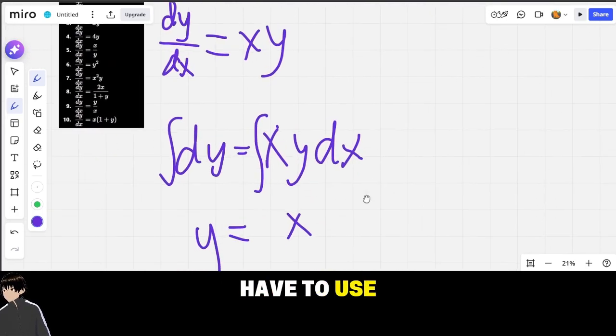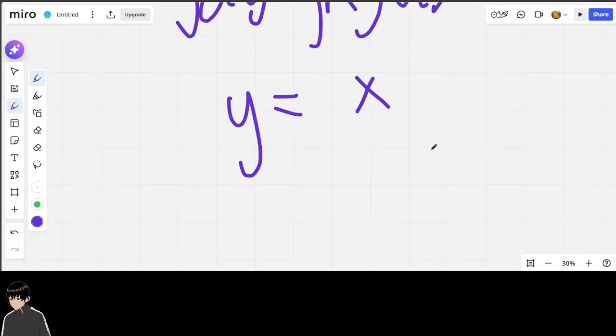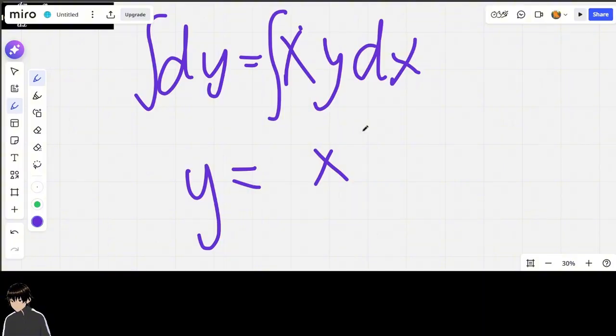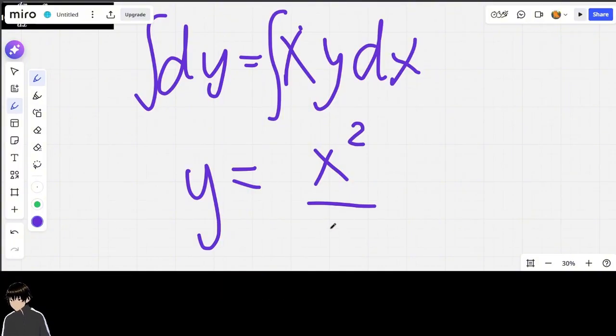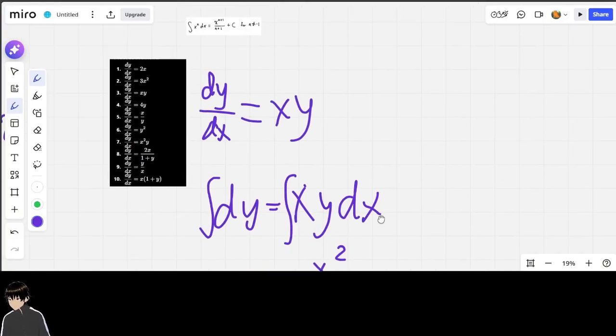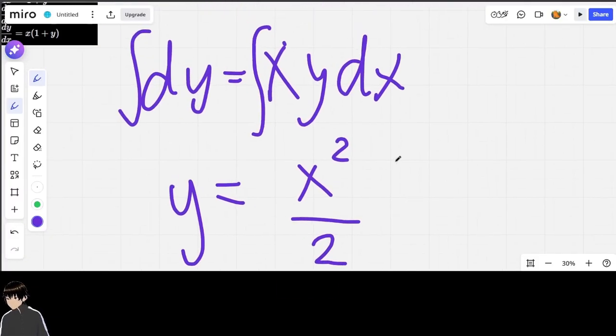You have to use this, I believe, n plus 1. That's going to be 1 x squared 2, and then plus. Wait.